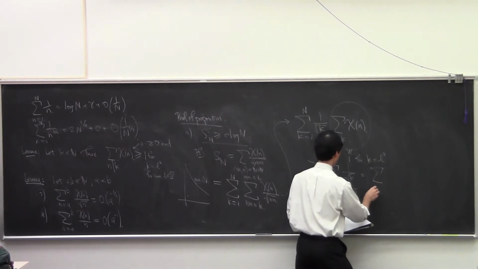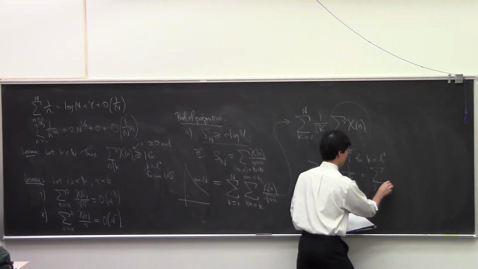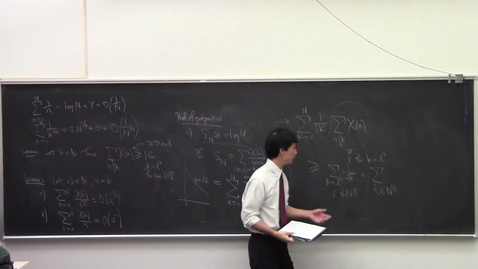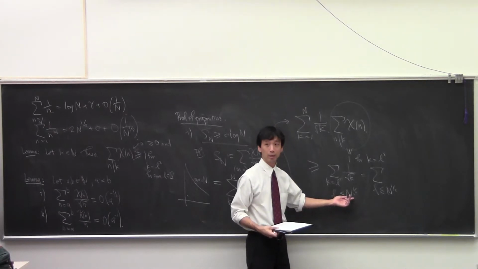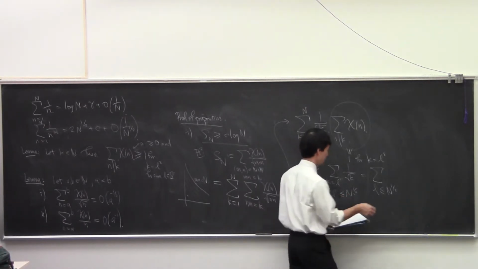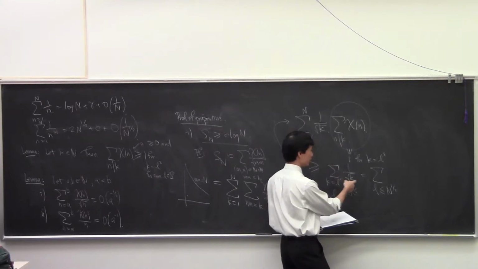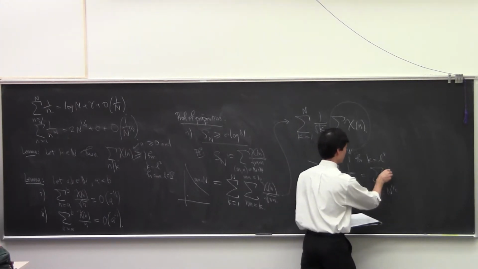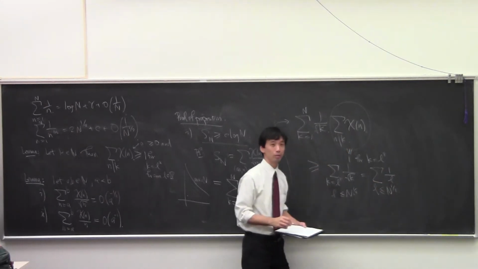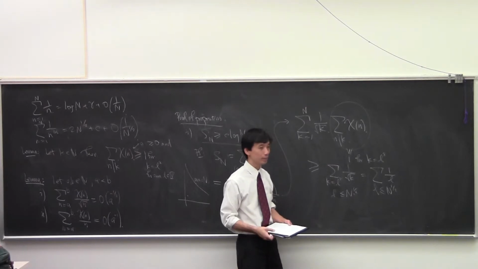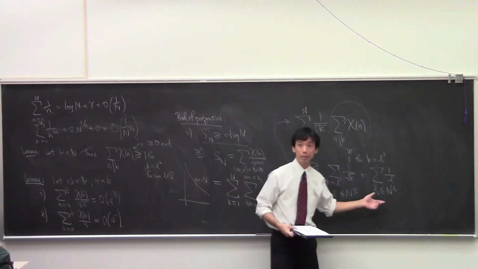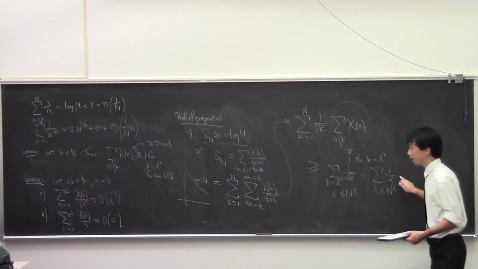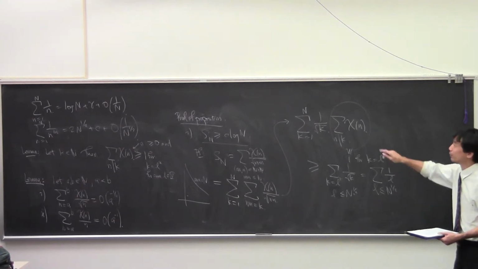And then we just rewrite this. We're summing over the L's that are less than the square root of n, and we write it in terms of L. Now we use the bound on the harmonic series that we got before.